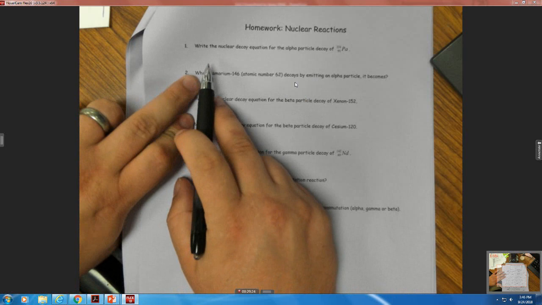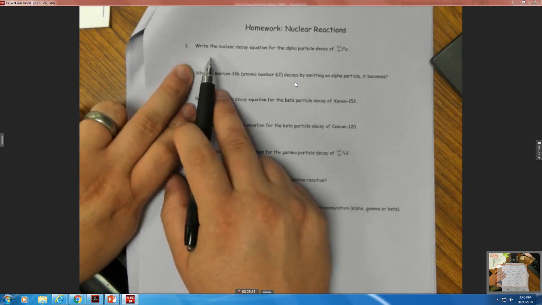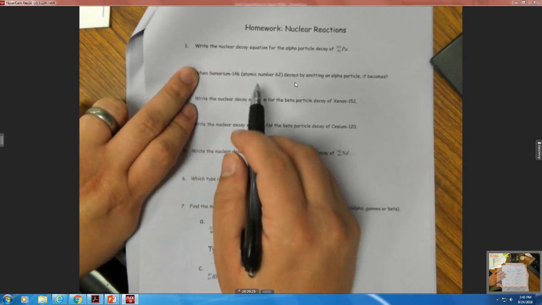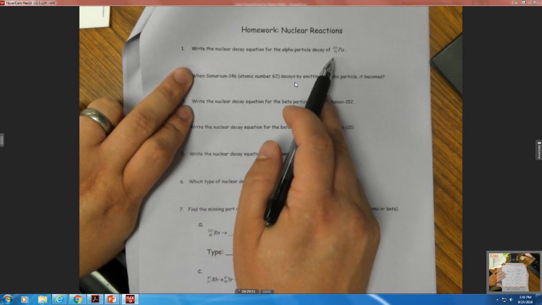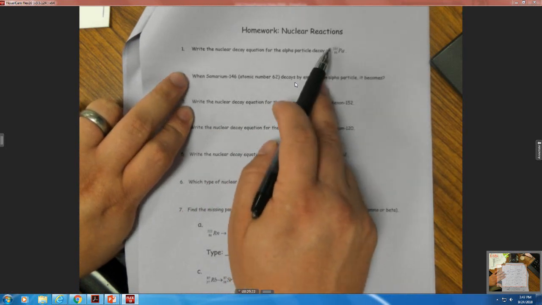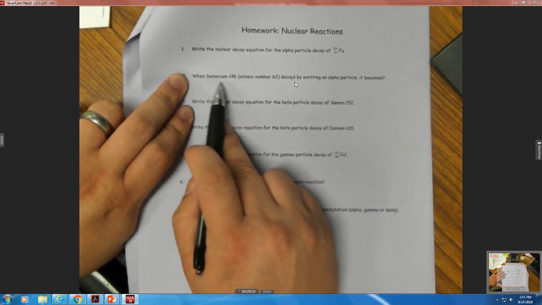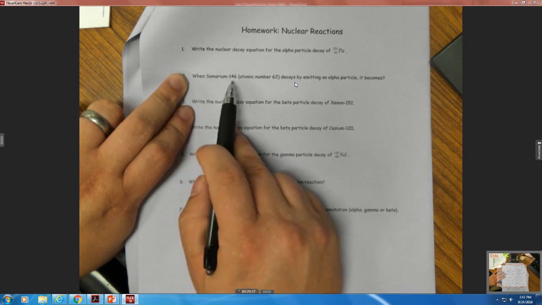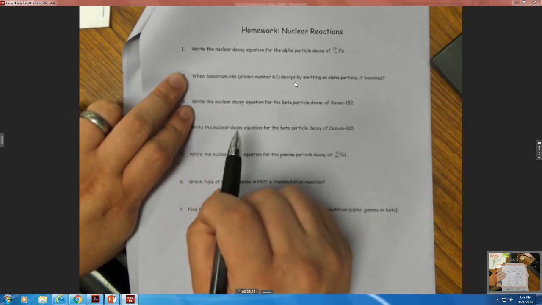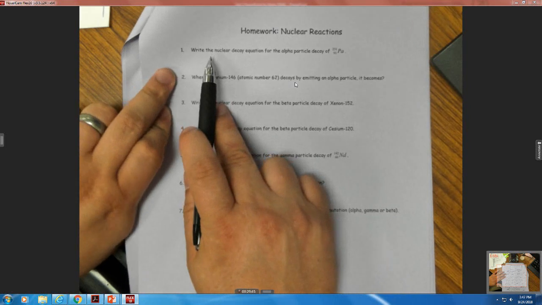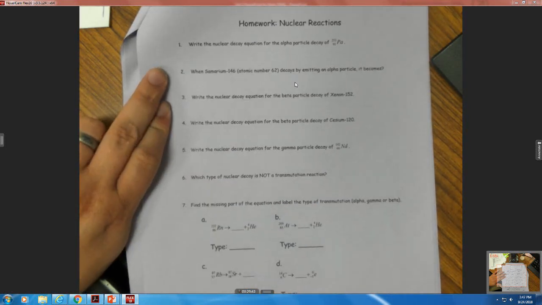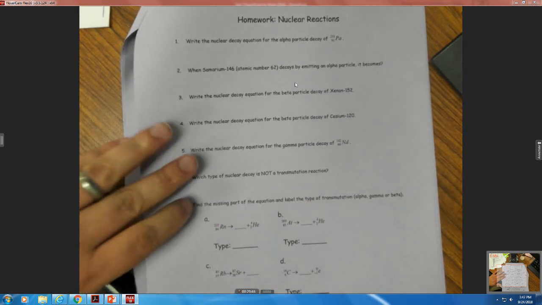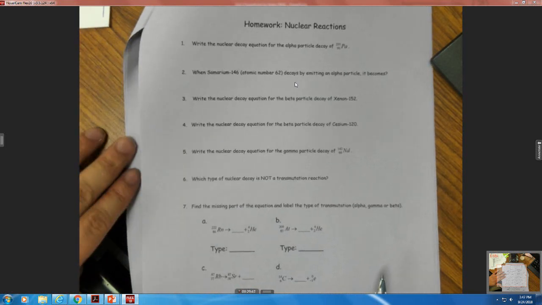So make sure that you do exactly what I just did in the examples. So start out by figuring out what you start with. Sometimes it'll just tell you. Sometimes it'll give you the element name and the mass number, and you have to write out the symbol yourself. All right, but you'll definitely need a periodic table as you do this. So either look one up on your phone or use the one that's in the back of the packet if you can read it.